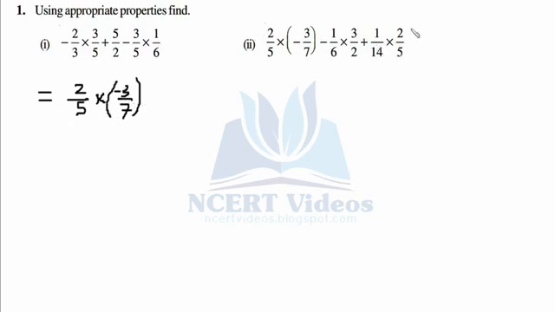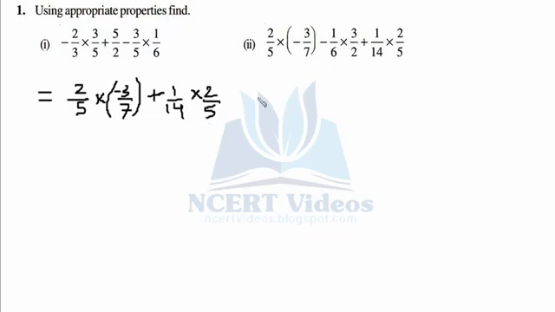Then we are commuting this thing complete. So it is plus 1 over 14 because it is getting multiplied, therefore we have to take it. That is, we have to take both these terms into 2 over 5.